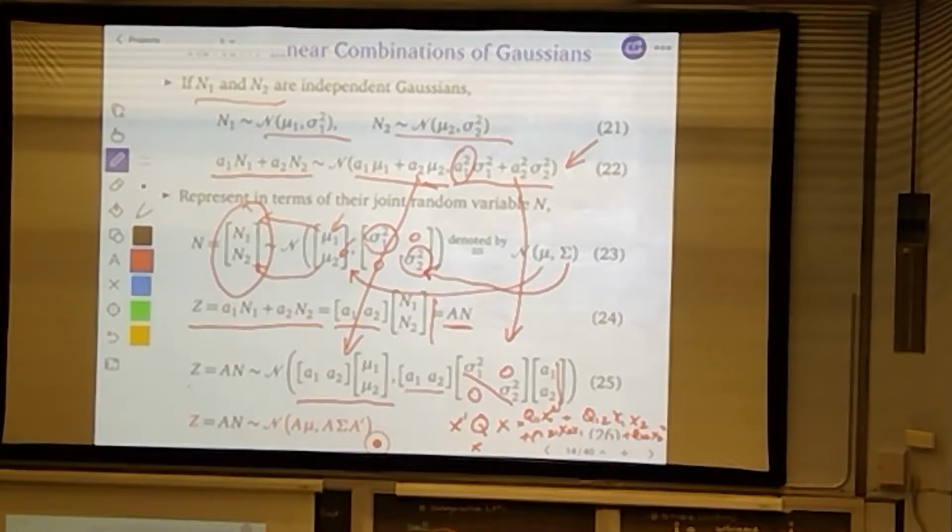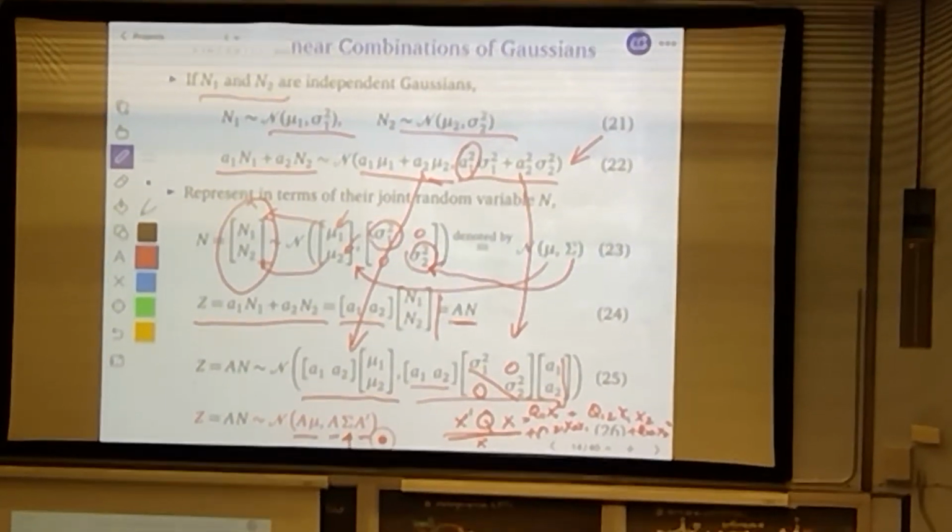That's the linear algebra quadratic form. So this term can be written as this quadratic term, and that is just A, sigma, and A transpose. Okay, that's the form of it.